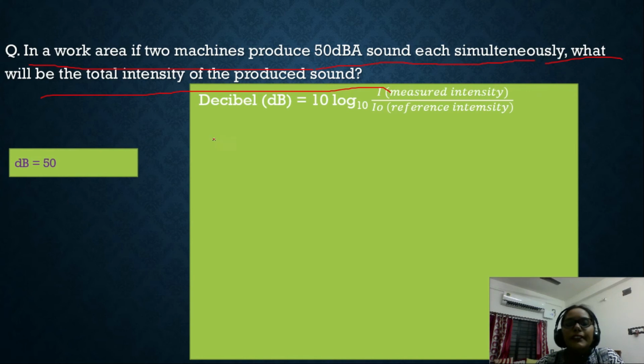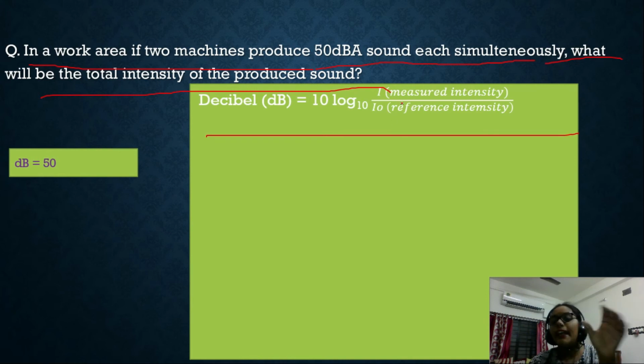Can you remember this equation? Decibel equals 10 log10 I by I0. I is the measured intensity, and I0 is the reference intensity. By using this equation you can solve this question very easily.